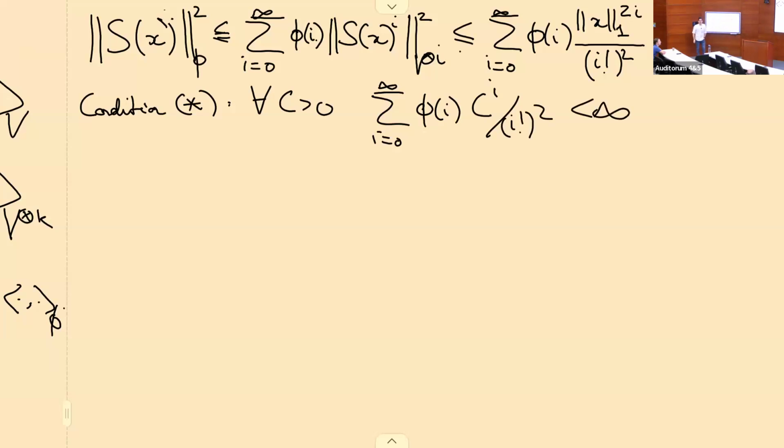So if phi is such that this series is summable, then the signature will live in this Hilbert space.